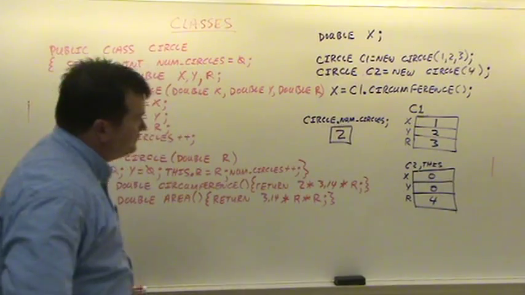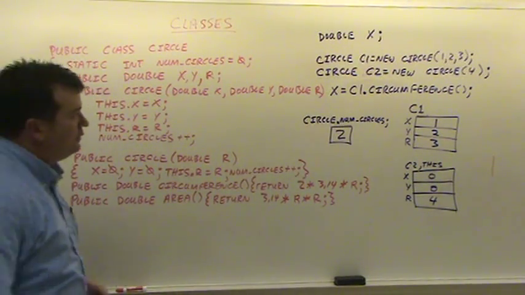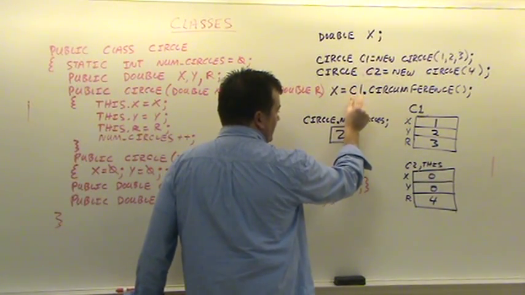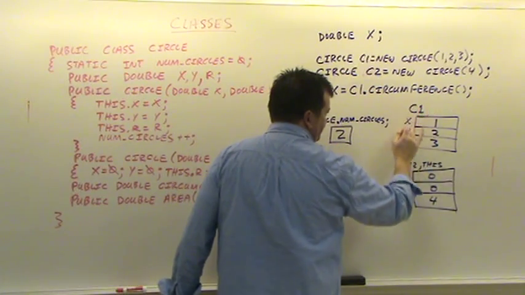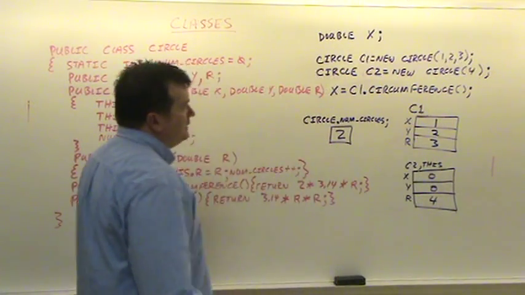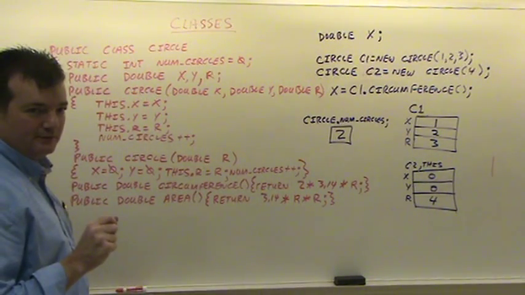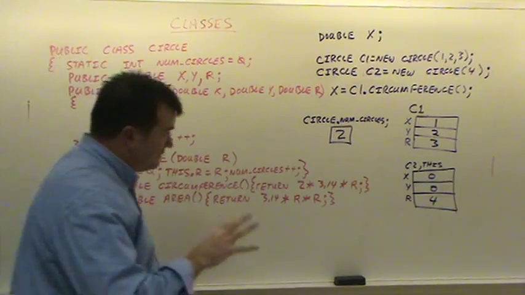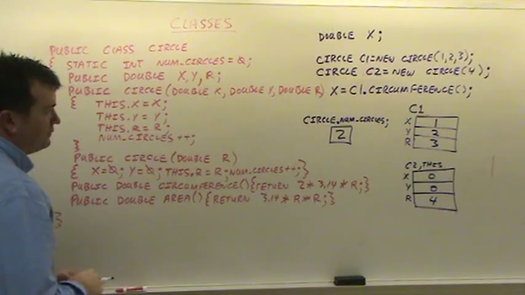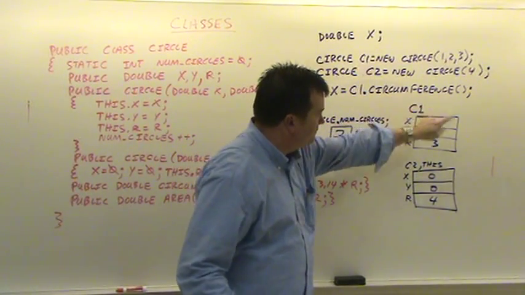So if we did this, we're saying for object C1, that's this one, for this object, call its circumference method. So take this object, using this as your data, call the circumference method. So this is object C1 dot, and then the name of the method.